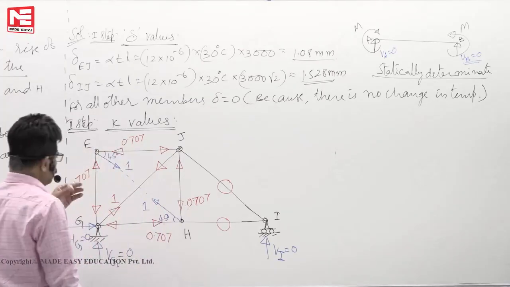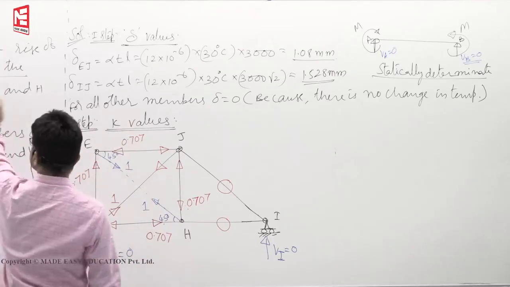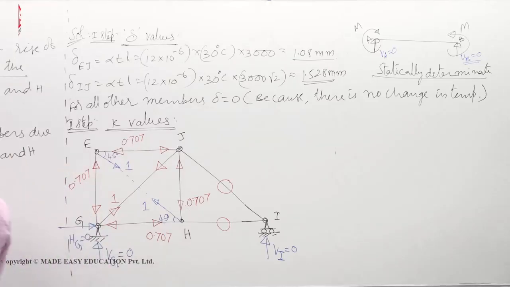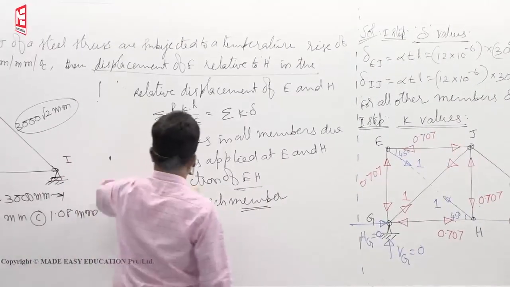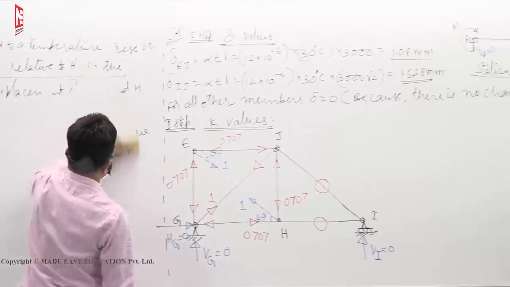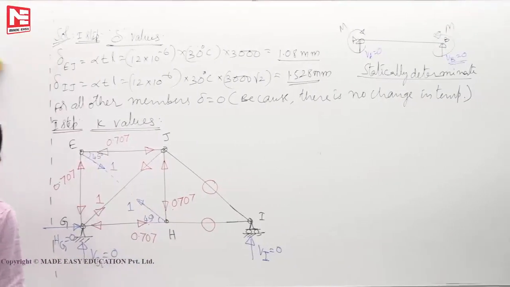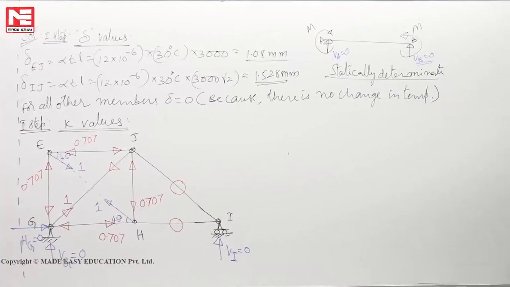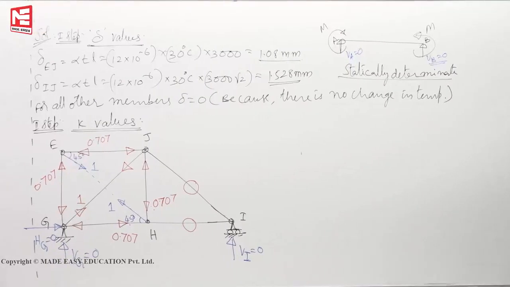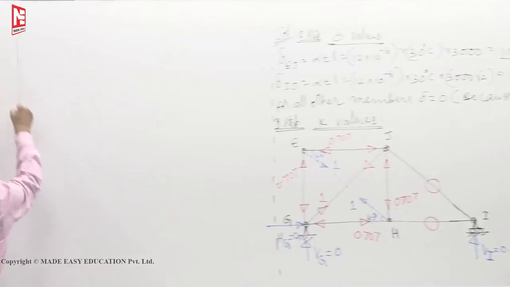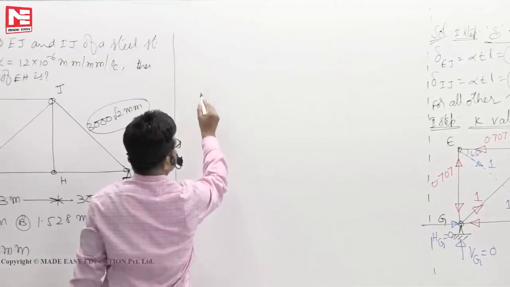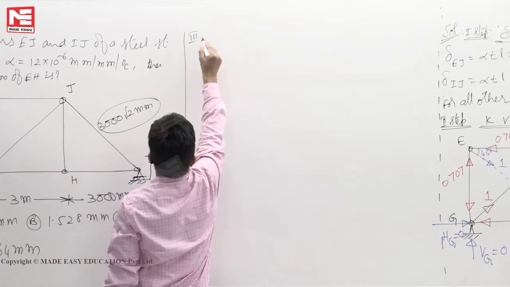Okay. So, after finding the k values, now the third step is k into delta. Now, third step.